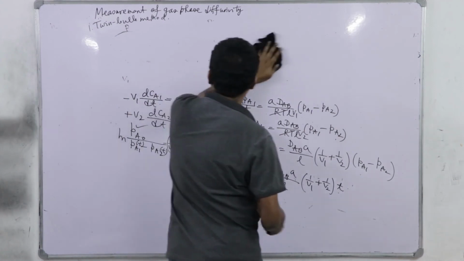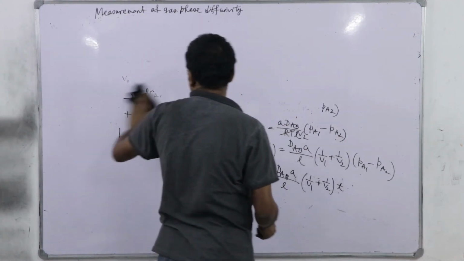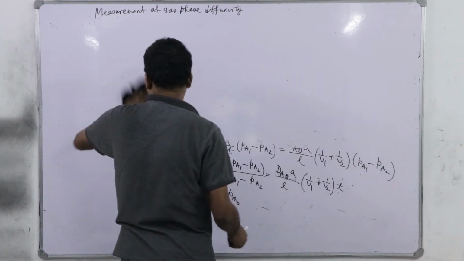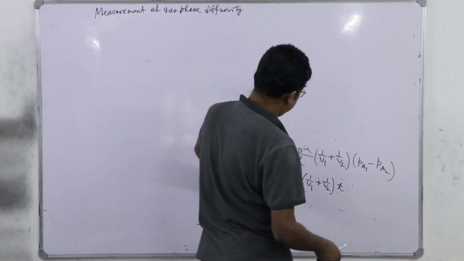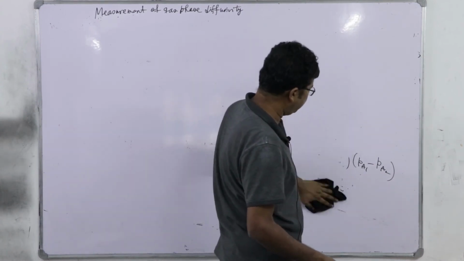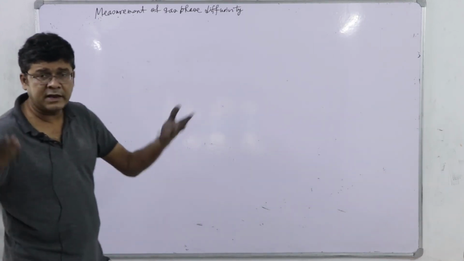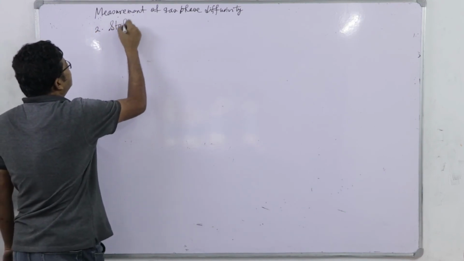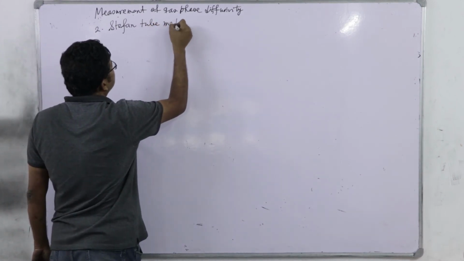So, next is the Stefan tube method, used for volatile components like, say, chloroform or ethanol. You are measuring the diffusivity of that ethanol vapor or chloroform vapor in air, or in any other gas. So, number 2 is the Stefan tube method.